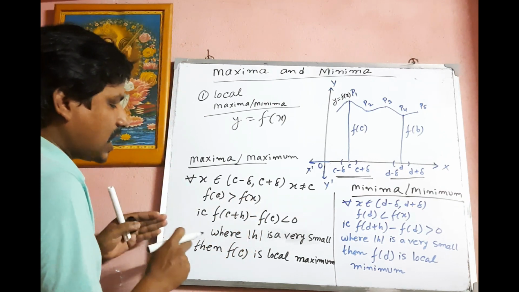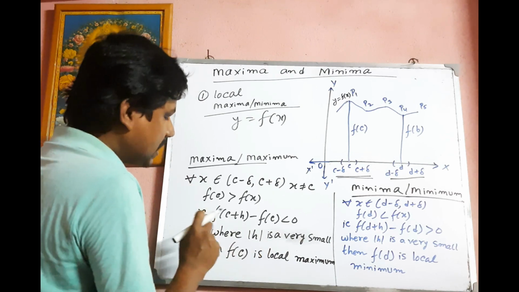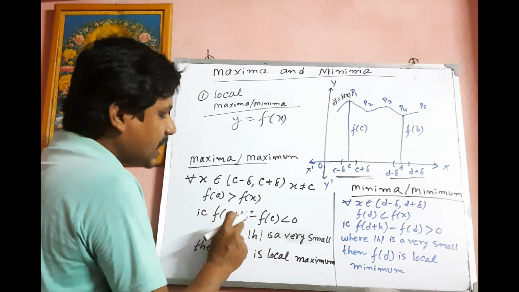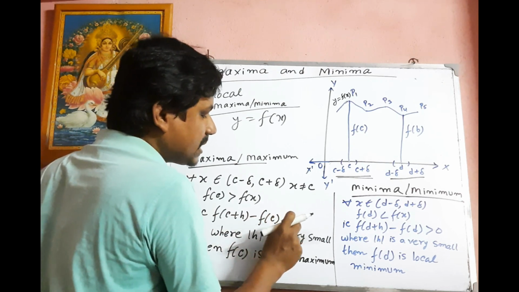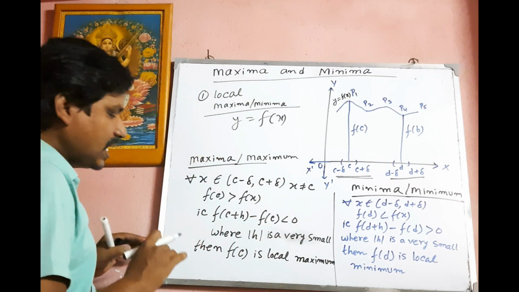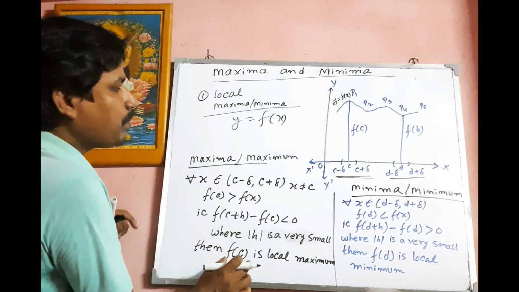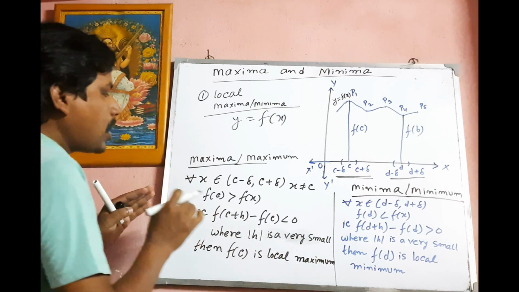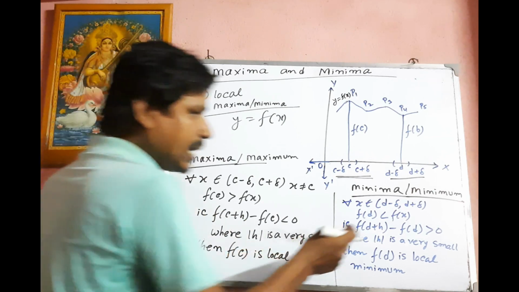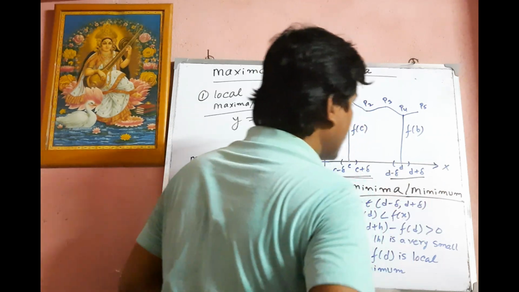That is, if we take h as a very small number, then f of c plus h minus f of c is always less than 0. In this condition we can say f of c is called a local maximum or maxima. Similarly here, this is a local minima or minimum.